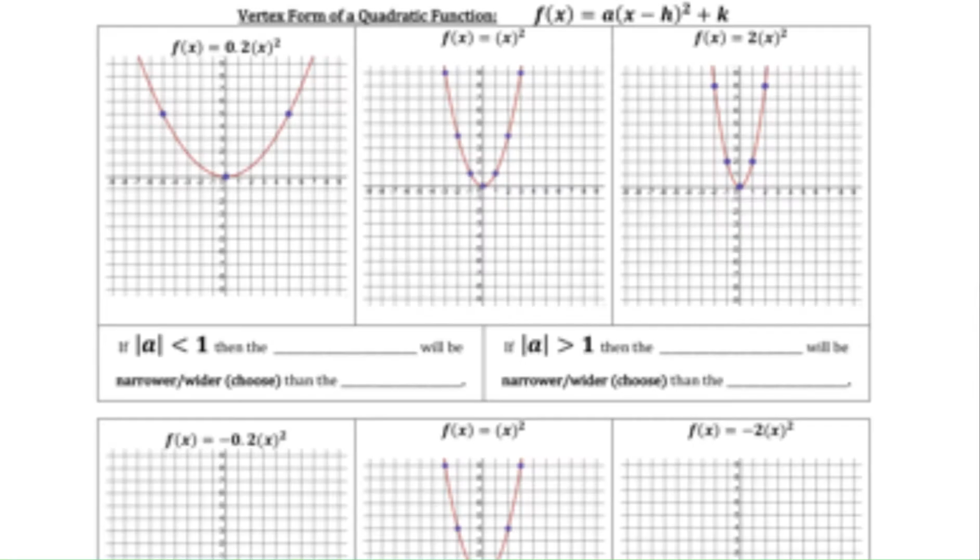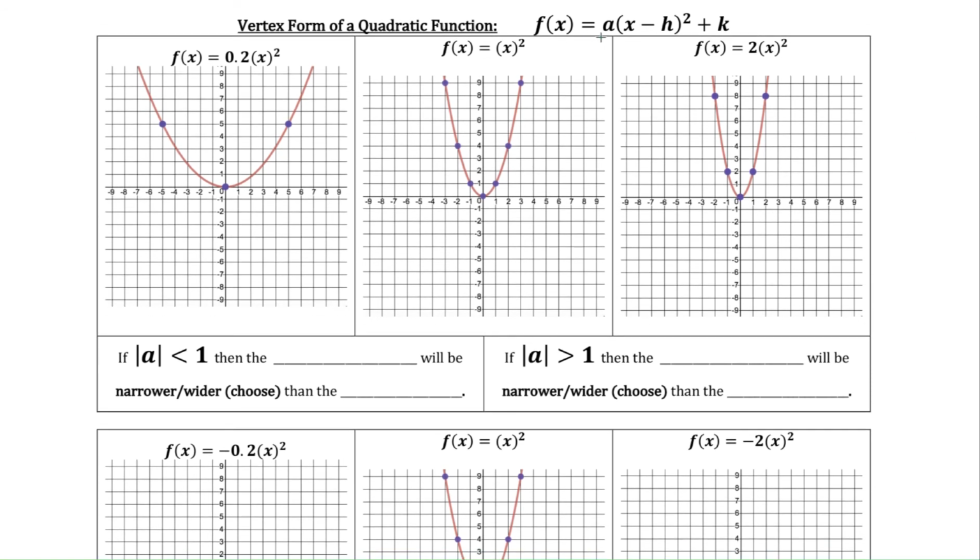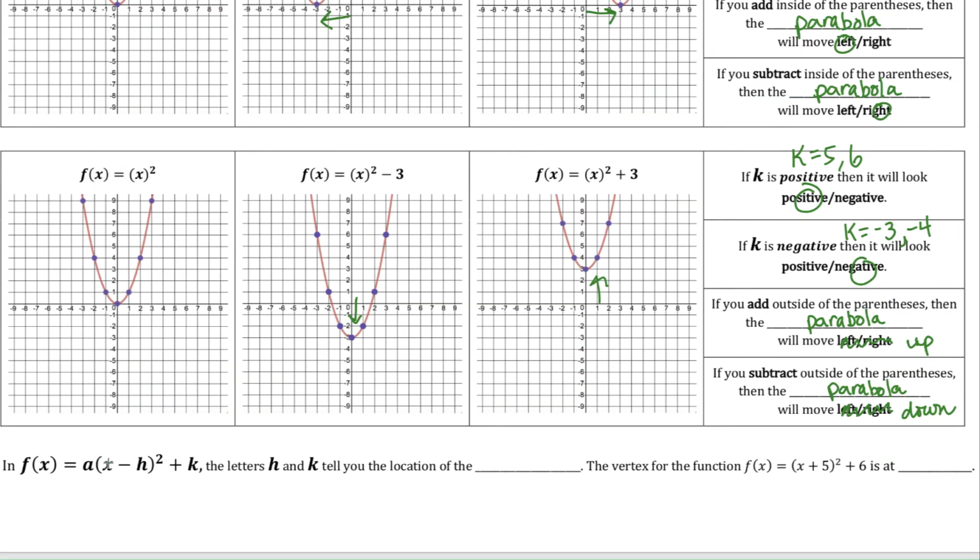All right, next page. So we have our vertex form again: f of x equals a times x minus h squared plus k. We've looked at h and we've looked at k. I forgot something down here. The h and the k will tell you where your vertex is.